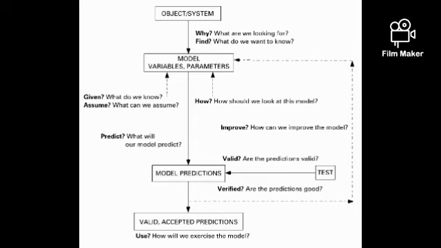And the next question is about the given. The question to be answered is, what do we know? What do you know about the model, the variables, or parameters? And to answer this question, you must identify the available relevant data.